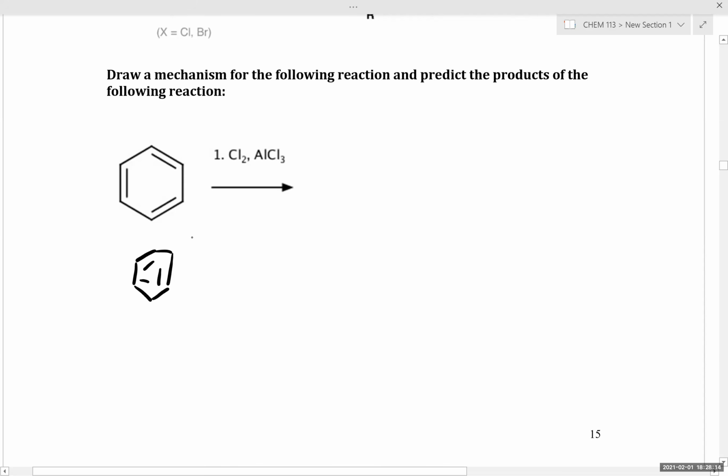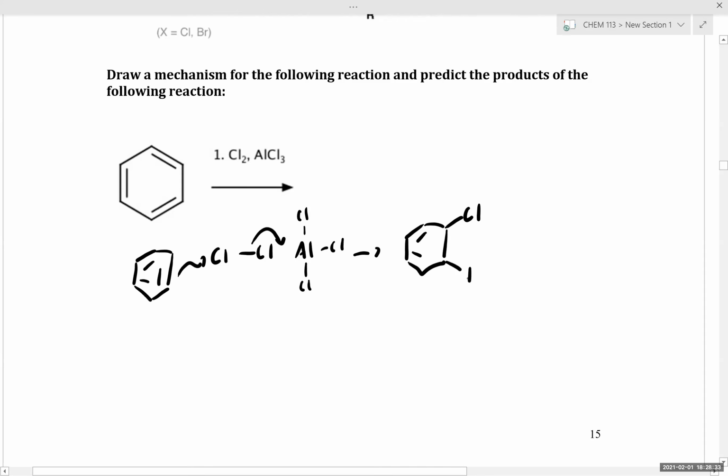Okay, so first things first, we have our source of Cl plus equivalent. So we're going to attack our electrophilic chlorine equivalent. We are going to generate our chlorine adduct, and then we're going to eliminate our proton to regenerate our aromatic ring.